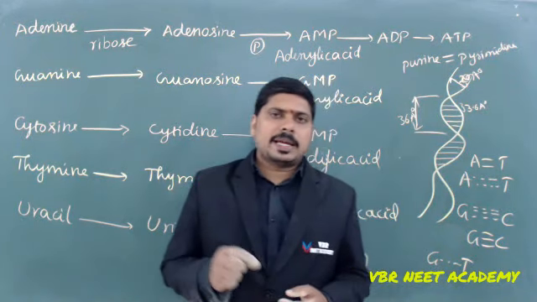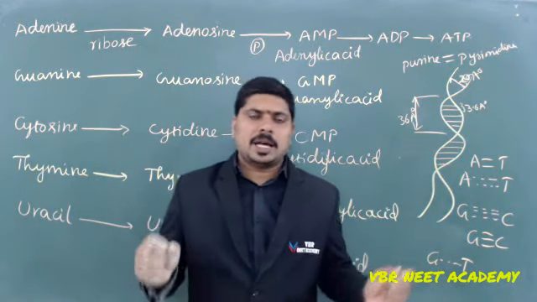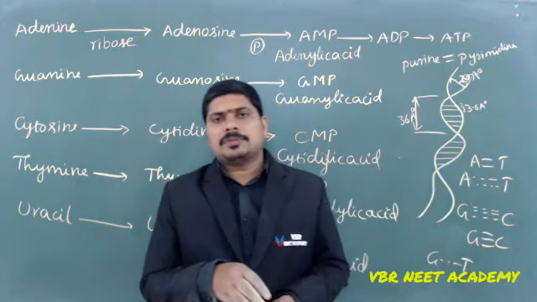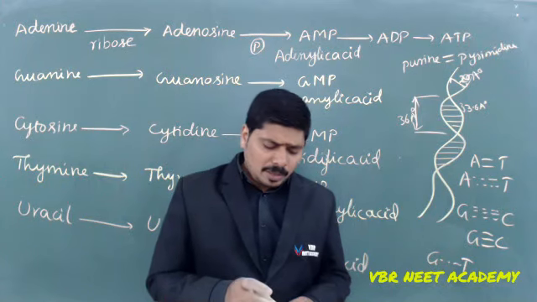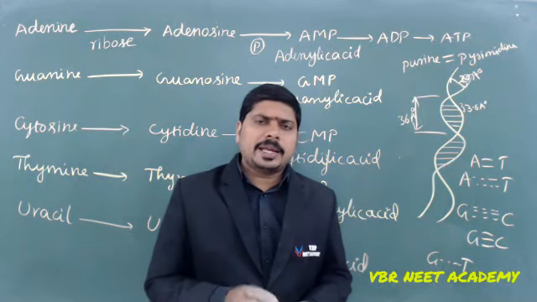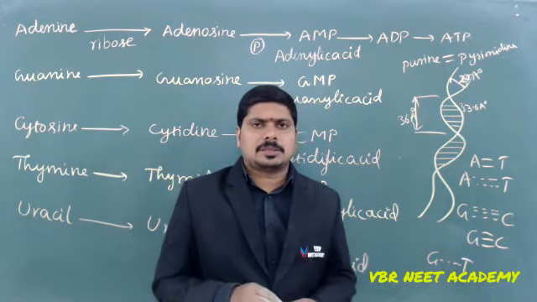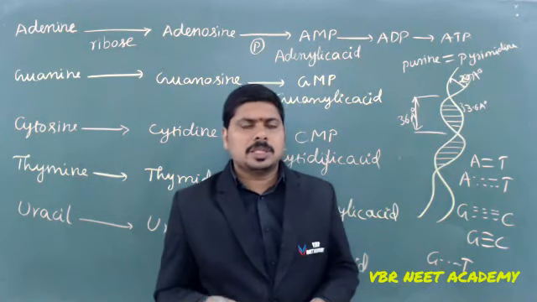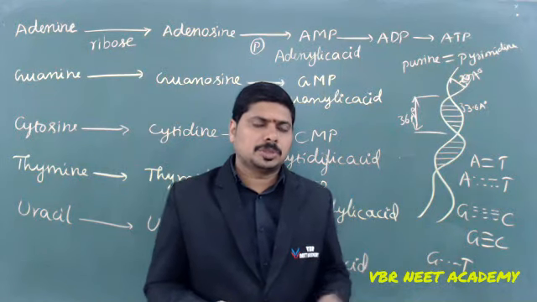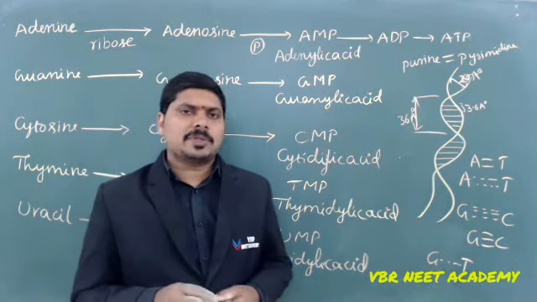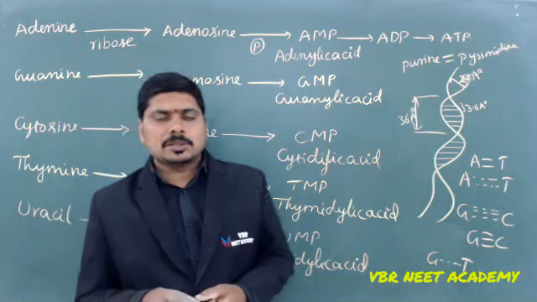I hope everyone can understand this DNA and RNA, and only one thing we are left with, hormones. So what are hormones? Hormones are nothing but they are endocrinal secretions. These things we can see in tomorrow's class, followed by the next chapter. So this is only the small part left in this biomolecules, that is hormones.